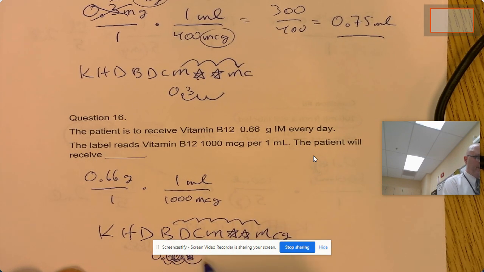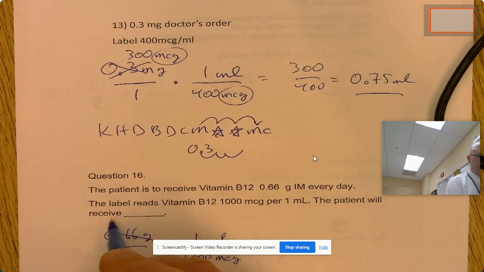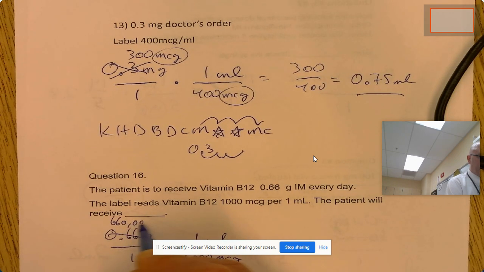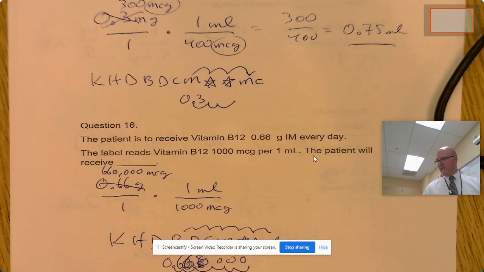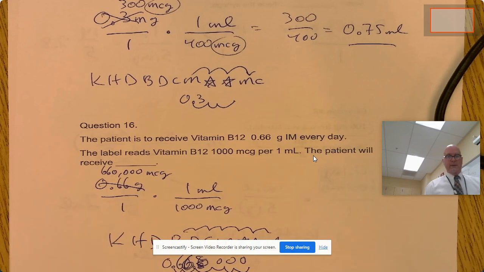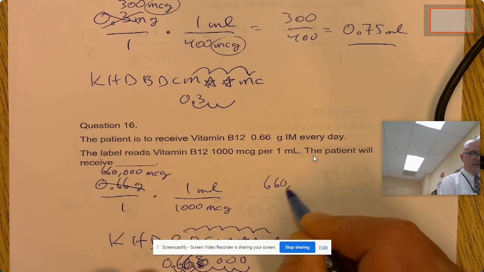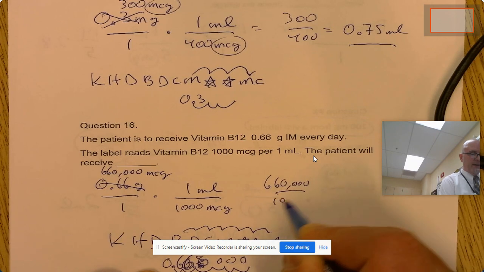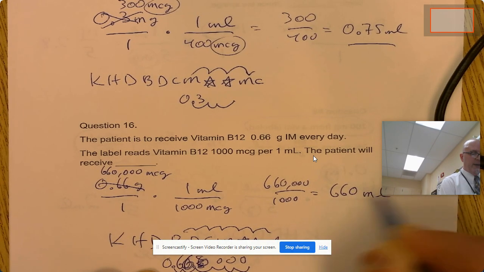That is 4 zeros. So I'm going to change this to 660,000 micrograms. And that should give me my final answer here by doing the top times the top of 660,000 divided by 1,000, which comes out to be 660 ml.